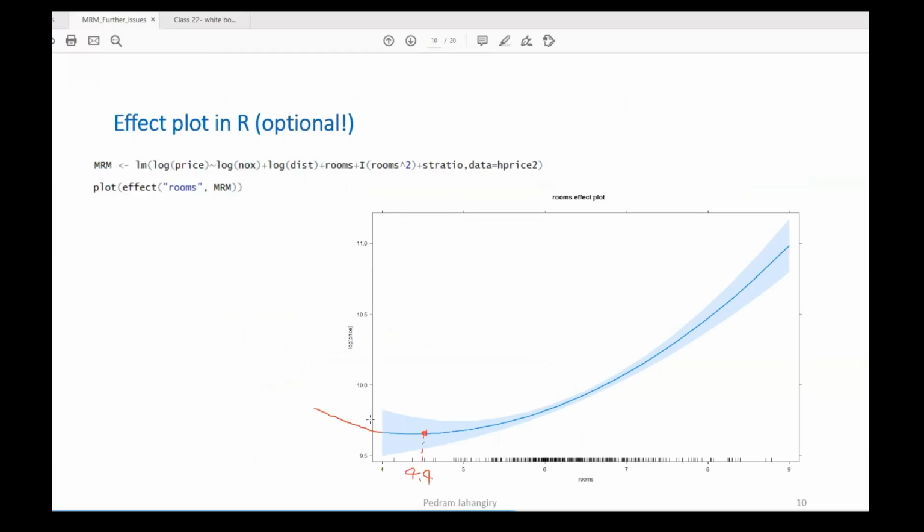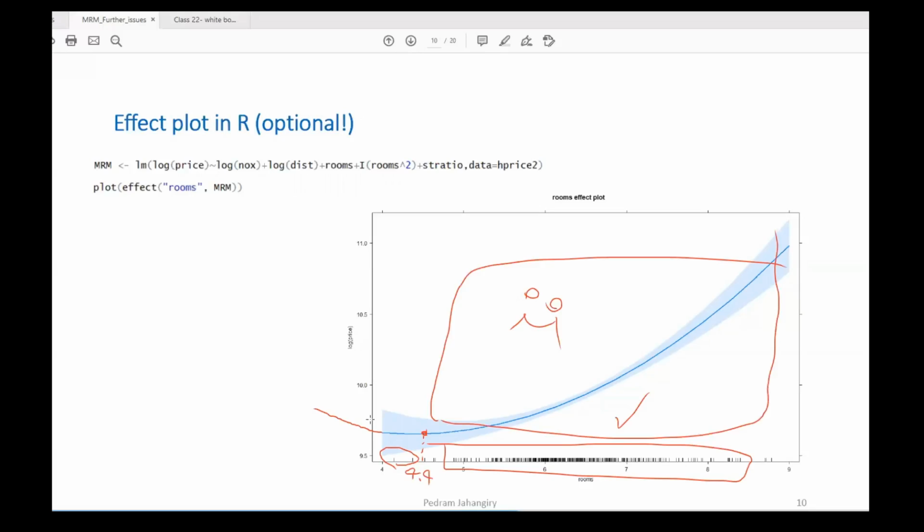How many observations do I have on the left? Only 2 or 3. Very good news. Most of the observations are on the right. So this is awesome. Okay, good. So I don't have a misspecification problem. The model is not telling me a contradicting story. It's telling me that as long as the number of rooms, and by the way, I should have explained it earlier.